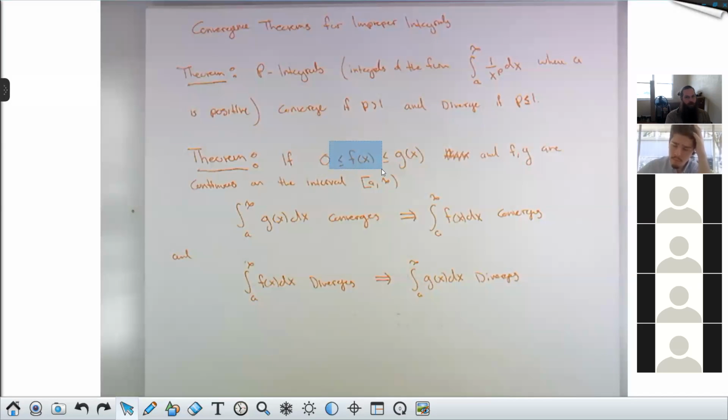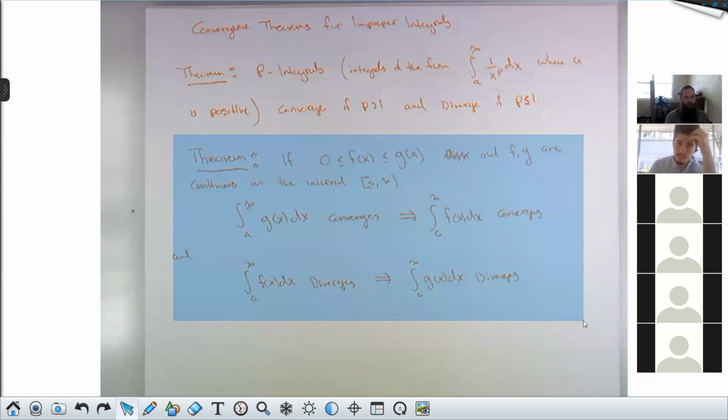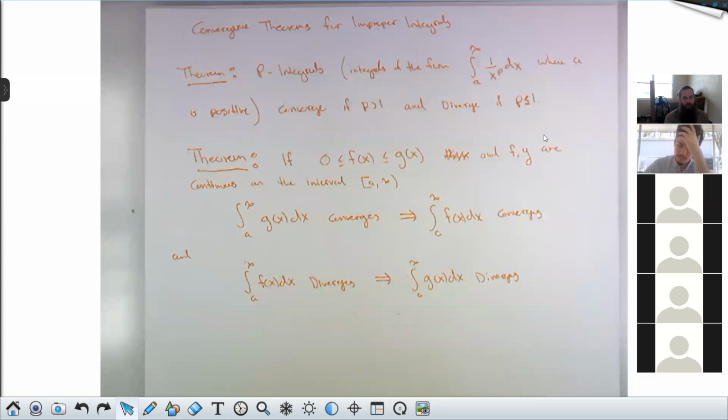It says if one function is smaller than another function, and the integral of the big function is finite, then the integral of the small function has to be finite as well. And if the integral of the small function is infinite, then the integral of the big function is infinite as well. If you think about it, I actually used a special case of this theorem in the proof of this theorem when we talked about the p less than or equal to 1 case.